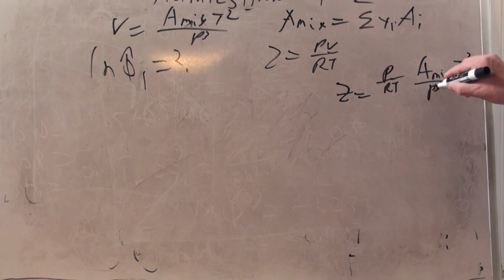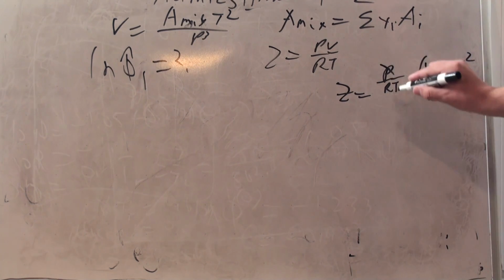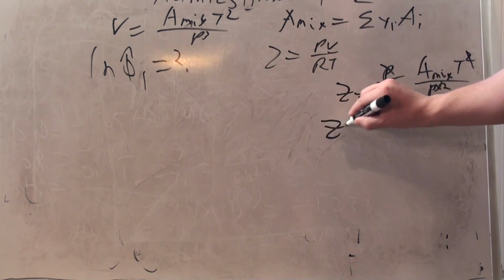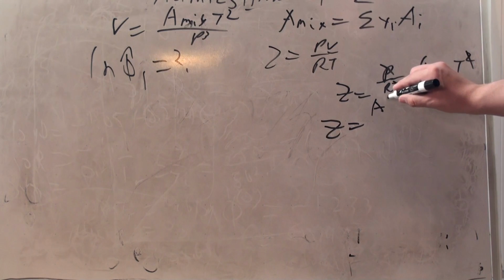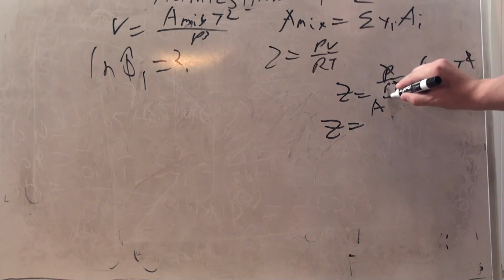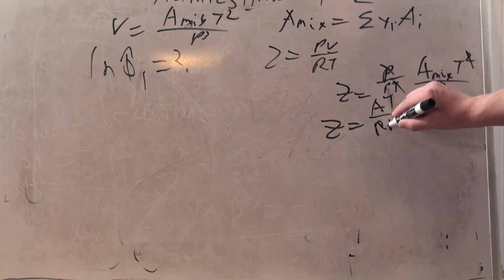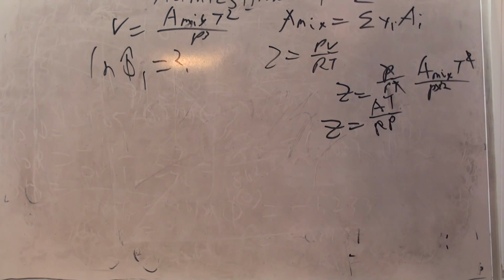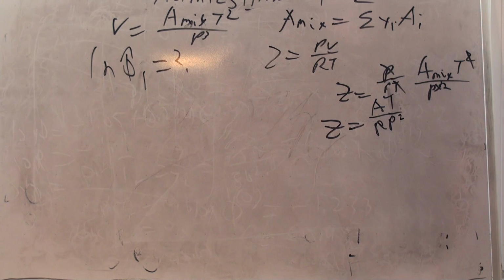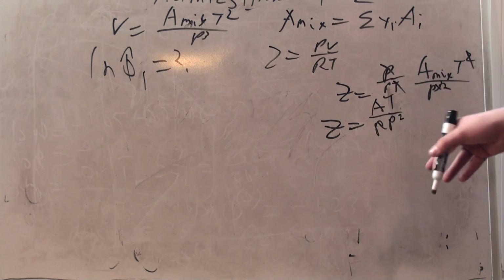Okay, so that goes away, that goes away, that goes away. And so z is equal to A T over R P squared. So z equals A T over R P squared.